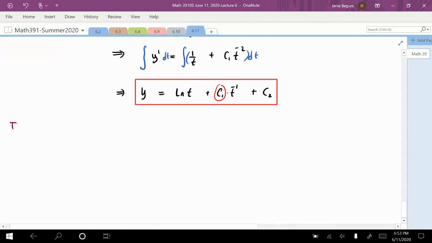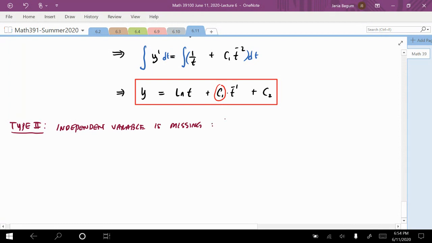So let's look at type 2 of reduction of order. Type 2 is when you're missing the independent variable.